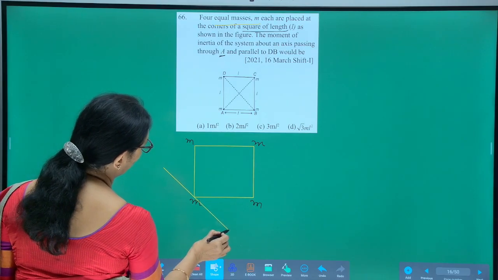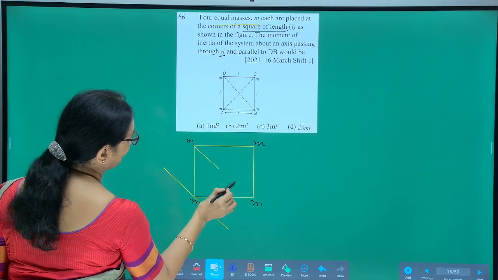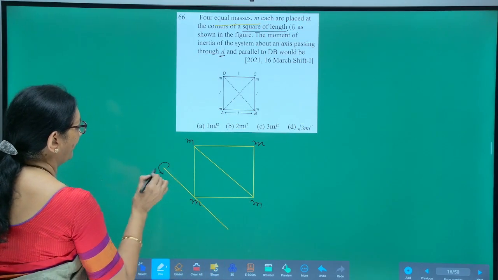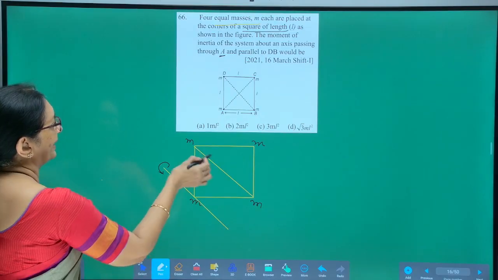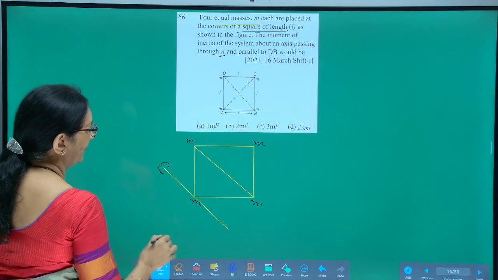And it is mentioned that it is parallel to this line. So about this axis, which is parallel to the line dB, that is the diagonal, you are supposed to find the moment of inertia.